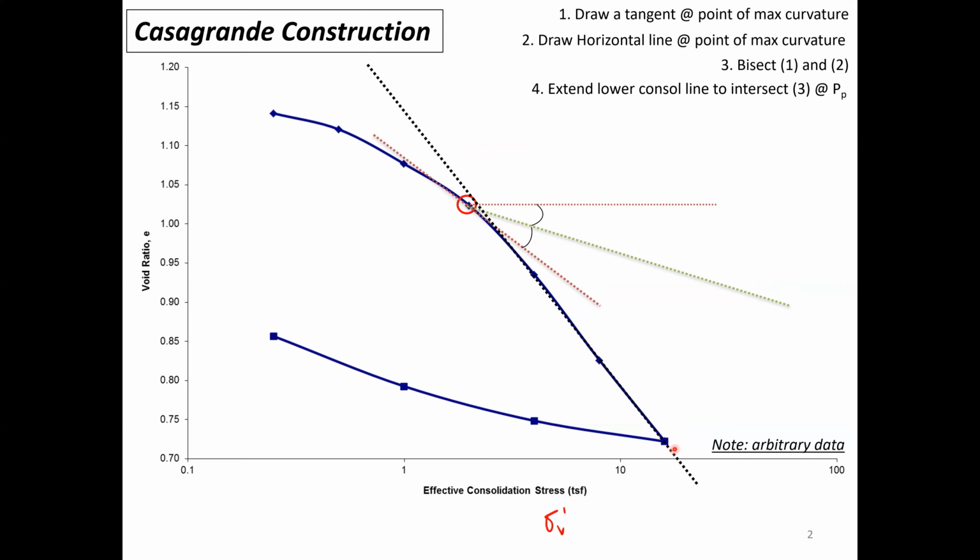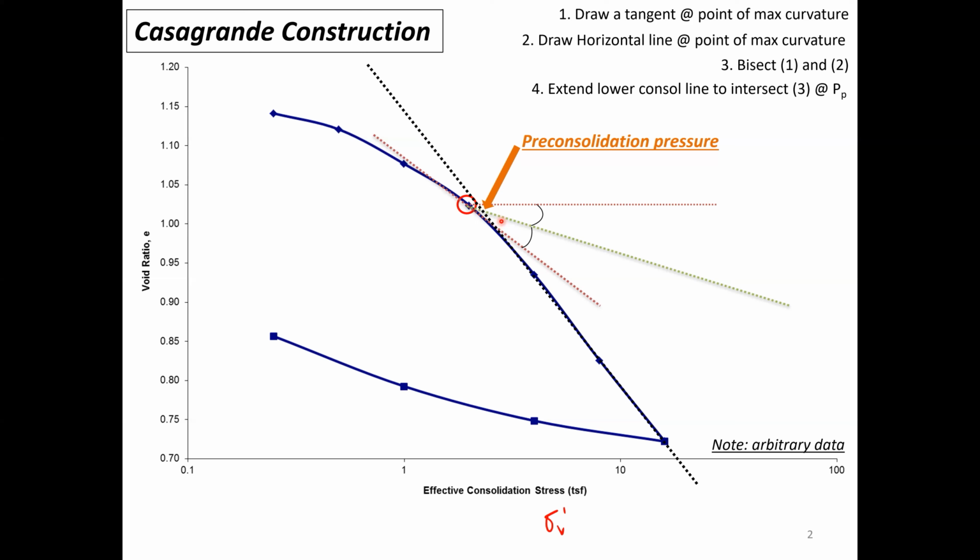We extend the slope for this part of the data upward, and wherever it meets the bisector line, the green line here, that is our maximum past pressure. That's how we identify the maximum past pressure per the ASTM standard using the Casagrande construction.